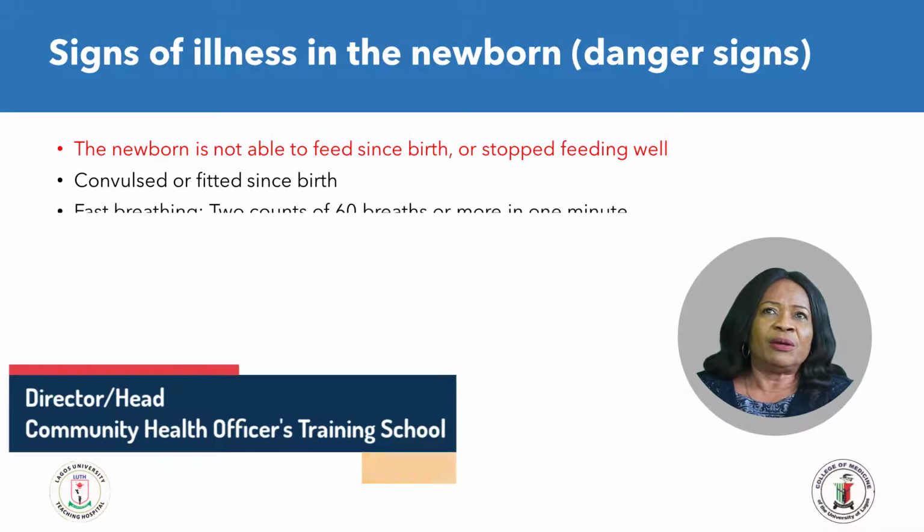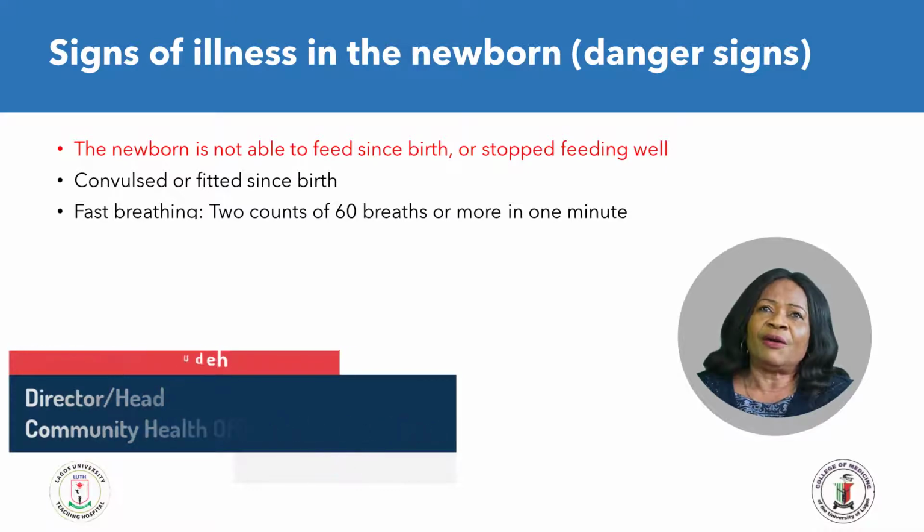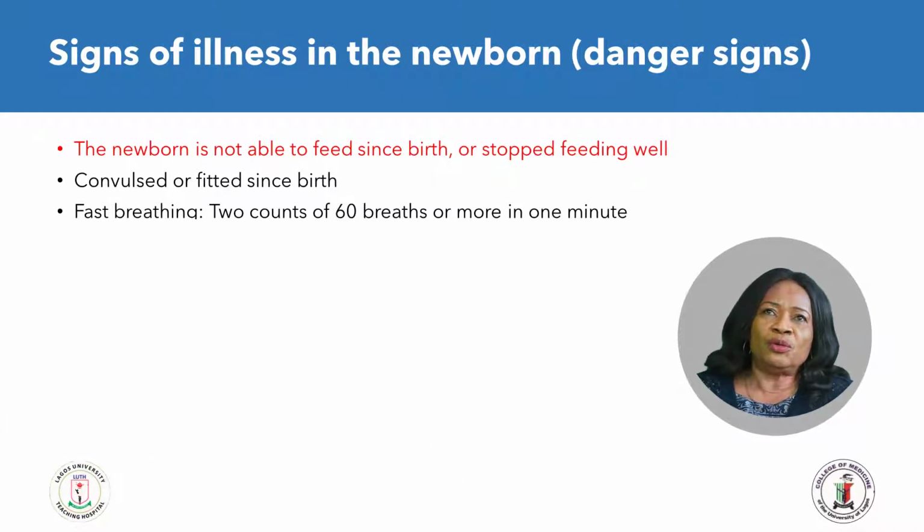Then, having elicited this information from them, of course, you should also do an examination. If you observe fast breathing, 2 counts of 60 breaths or more in a minute, that should be an indication that the child is ill.